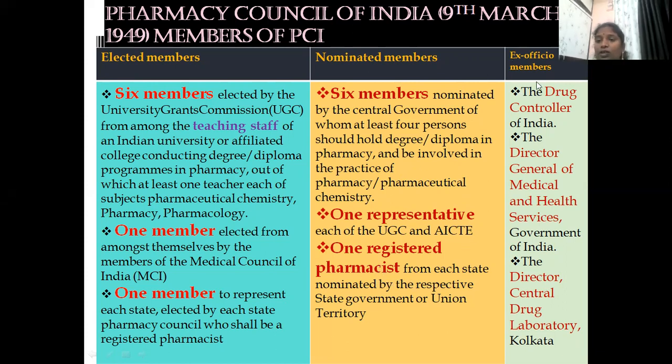Ex officio members: 1 person from the Drug Controller of India, 1 person from the Director General of Health Services, Government of India, and 1 person from the Director, Central Drug Laboratory. So for the drug laboratory, the person should be the director. Likewise for the health services, that person should be a director, and retired. That person acts as an ex officio member.